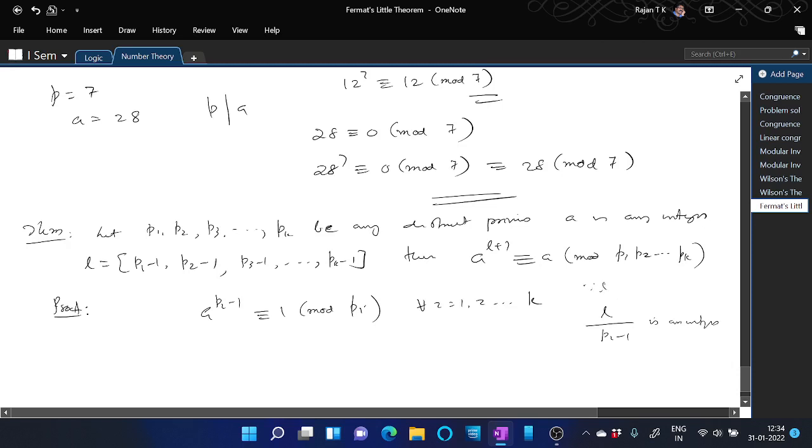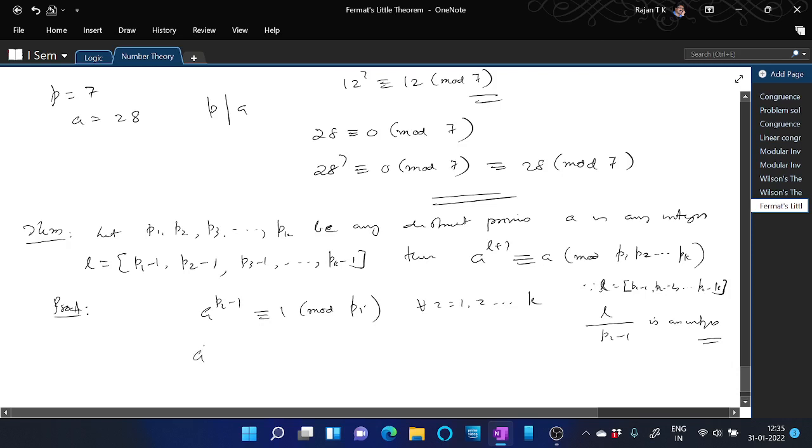Therefore, L by Pi minus 1 is always an integer for all i.